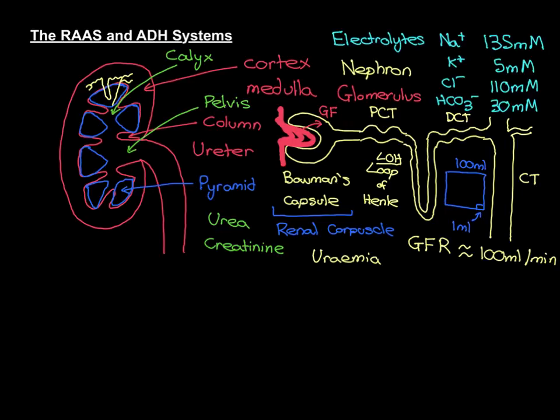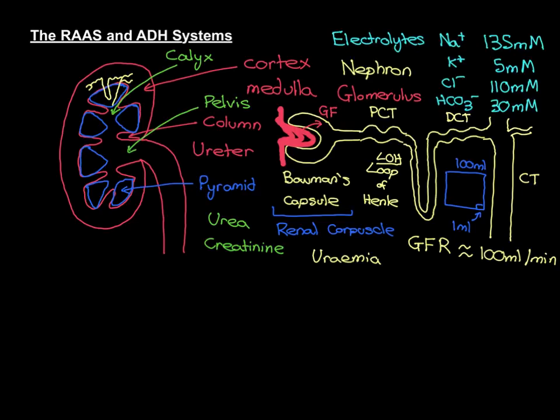The other 99%, along with these electrolytes that are dissolved in it, we're going to resorb. And then we're just going to leave this tiny 1 milliliter of fluid with the electrolytes that are dissolved in that to actually become the urine.